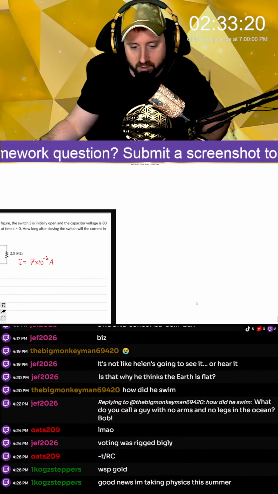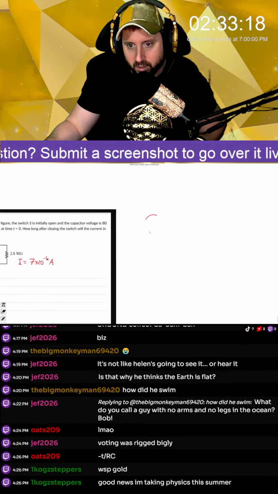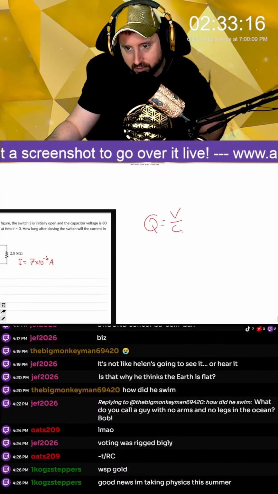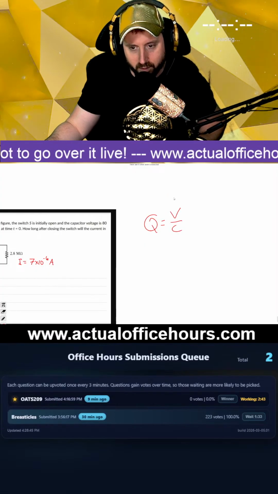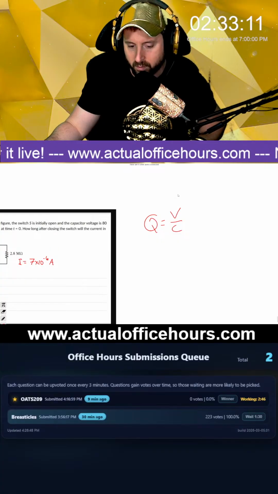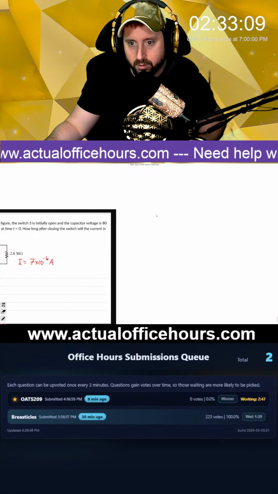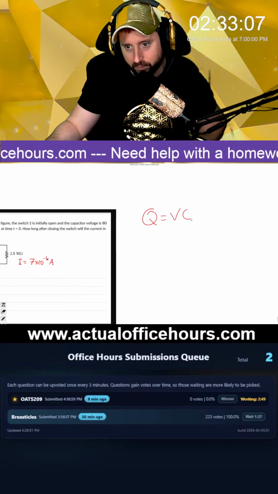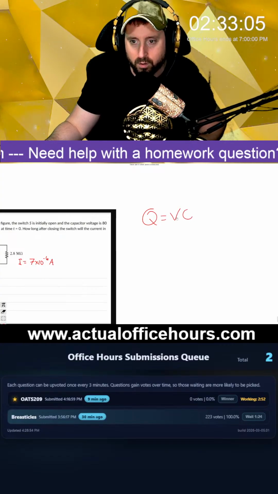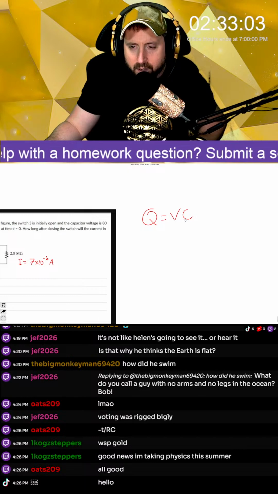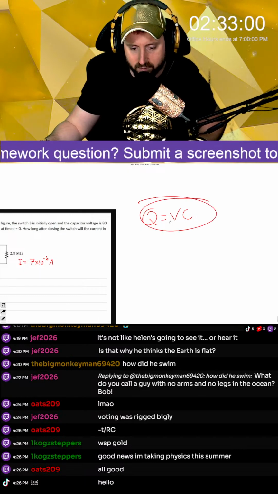I think this comes from Q equals V over C... no, I think V is Q over C. Right, yeah, this is it. Q equals V times C. I think I just want to leave it like this.